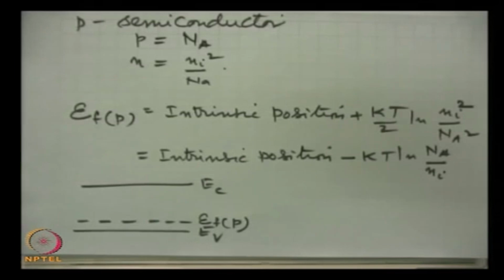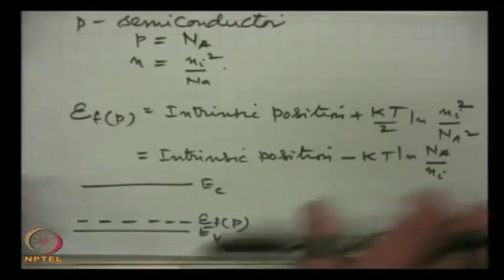So, we understand that for the n-type material, the Fermi level is on the side closer to the conduction band, and for p type it is closer to the valence band. So, we can draw the two, because now we will be discussing the energy band diagram, the potential energy diagram, for the p-n junction, and that will enhance our understanding of what happens when we forward bias the junction, and what happens when we reverse bias the junction.